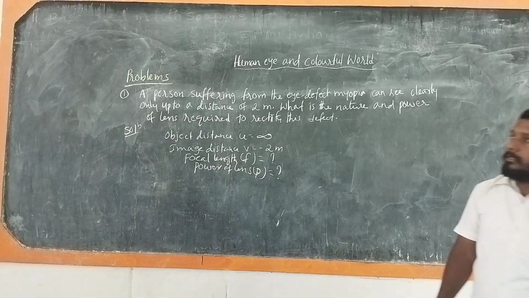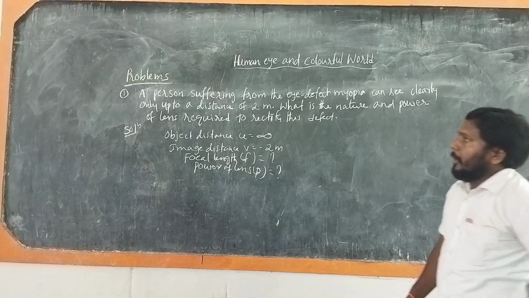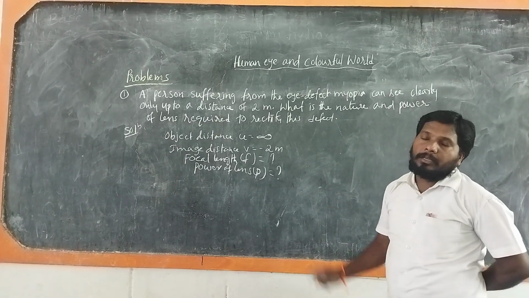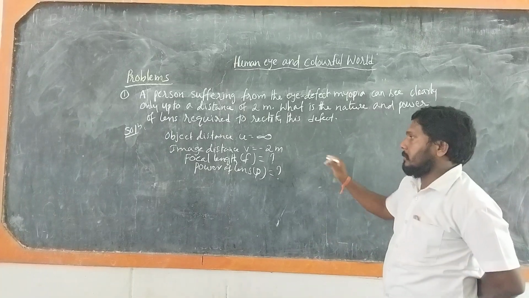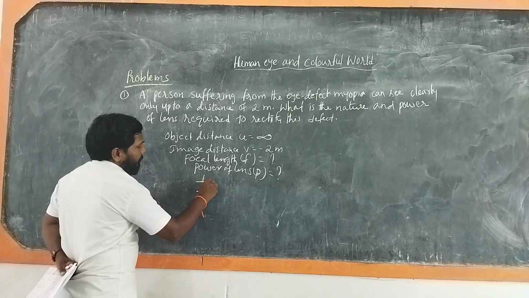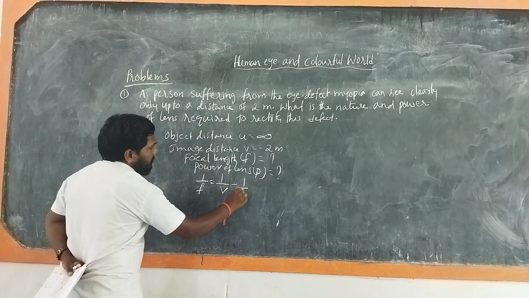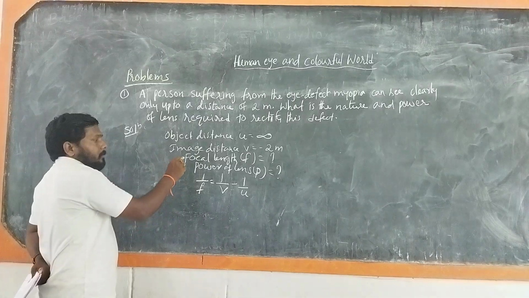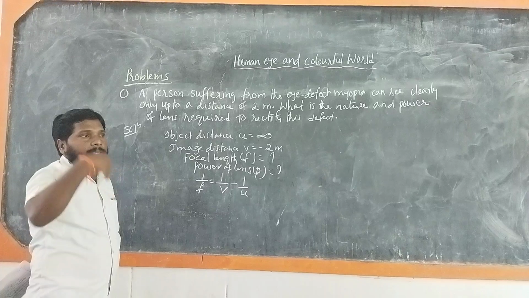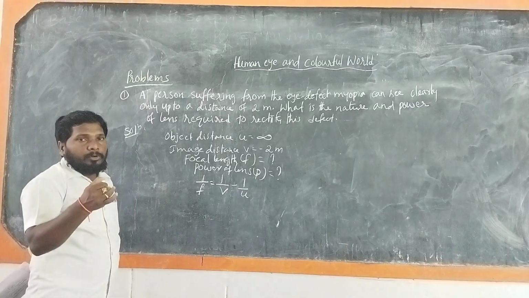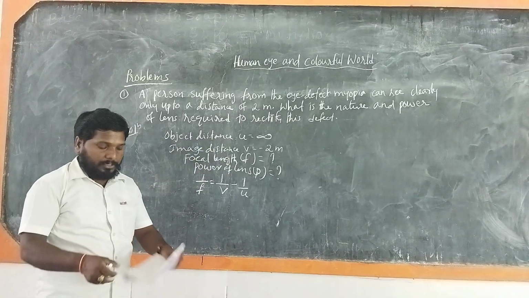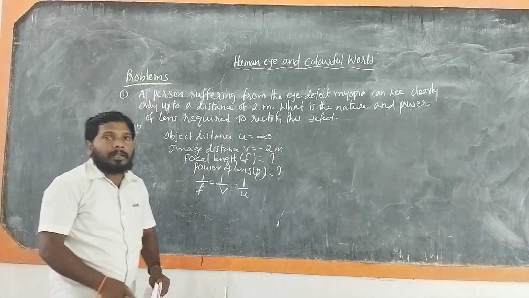So the far point for the person who is suffering with myopia is minus 2 meters. We know the formula: 1 by f is equal to 1 by v minus 1 by u. First find the focal length. Object distance is infinity generally. A person cannot see the far objects but is able to see the nearer objects. So this distance is nothing but the far point in front of the eye lens.